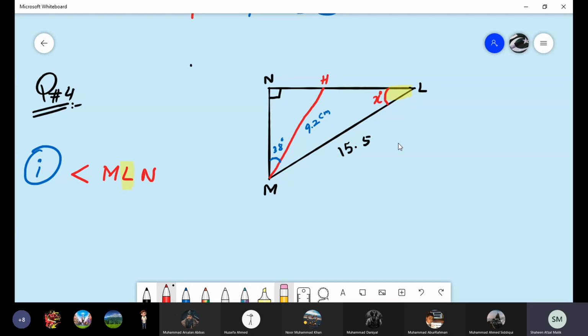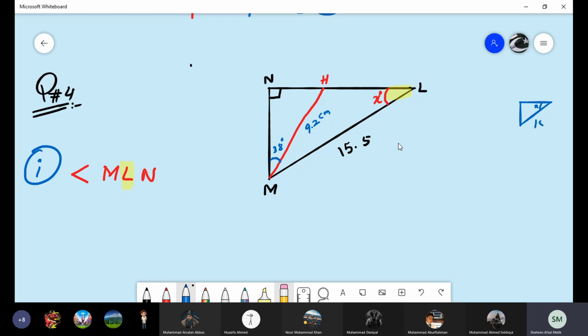Look at this triangle. Ignore the middle one. Just look at the triangle LMN and tell me, you don't even have the angle. You don't even have the second side of the triangle. Can you find out the angle? No, ma'am, we can't. Do you know why? This is a triangle given to you.